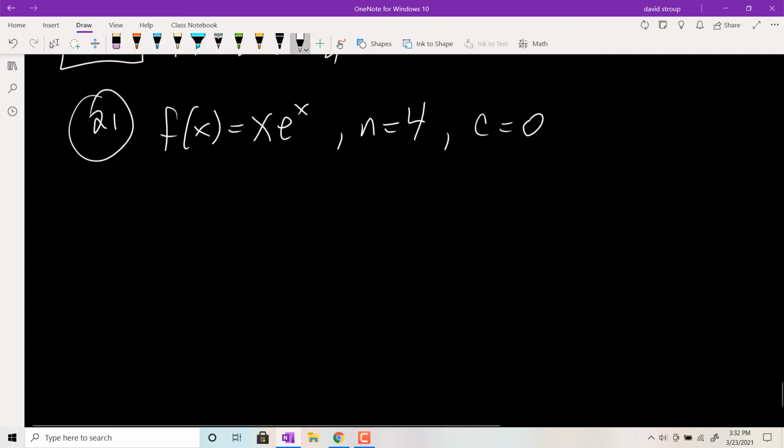Okay, so I need to get the first 4 derivatives, evaluate them all at 0, and then put them into my polynomial template.